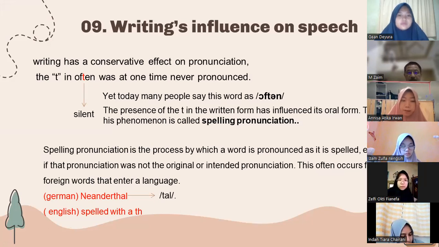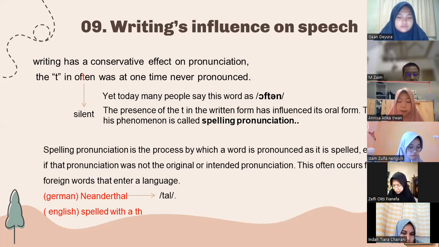So in German, we say Neandertal without the TH, because in English, the pronunciation follows the spelling. So the Neandertal in German will become Neanderthal in English, with a th on the final syllable, but in German it will be Neandertal.